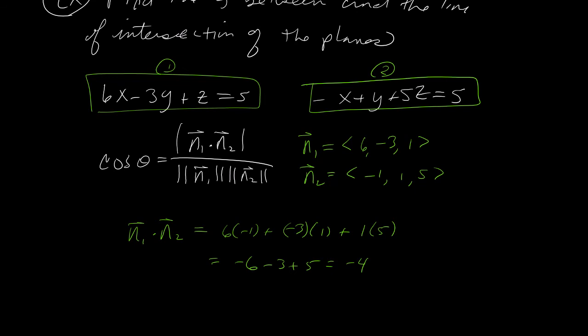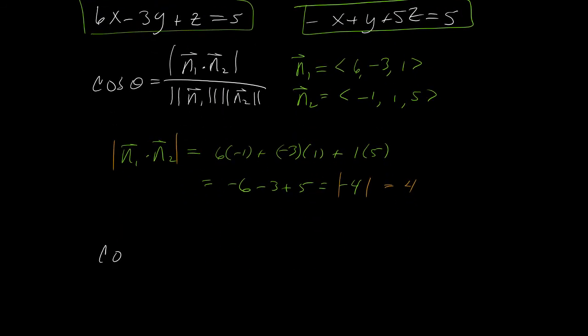We want the absolute value of that. Let's find that absolute value. So that's going to be equal to 4. So the numerator for our cosine is 4. So we have cosine of theta equal to 4 over. So now we need to know what are the magnitudes of n1 and n2. Well, the magnitude is the square root of each component squared and added together.